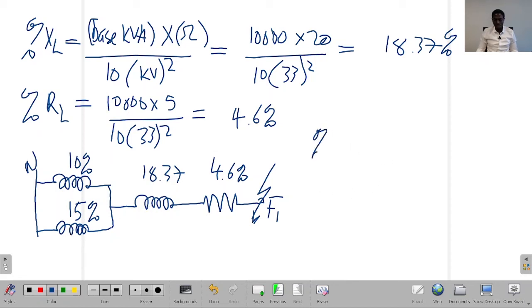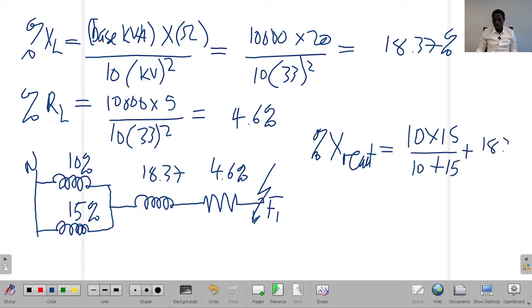So the actual reactance seen is equal to 10 by 15, because they are in parallel, over 10 plus 15, plus 18.37, and this gives us 24.37%, whereas the percentage resistance stays at 4.6%.